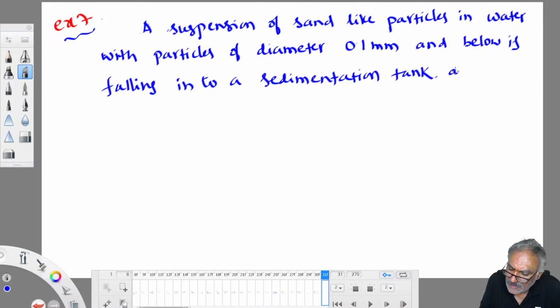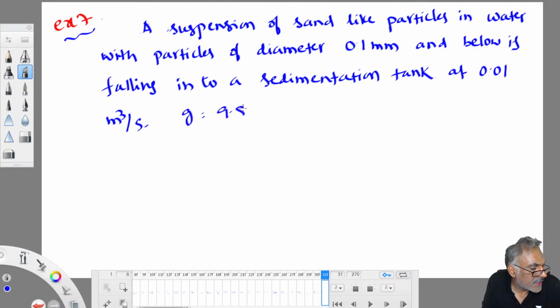At a flow of 0.01 meter cube per second. He has given like this. g is given as 9.8 meter per second square.